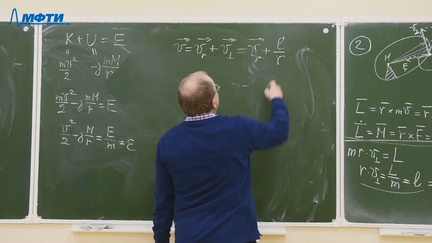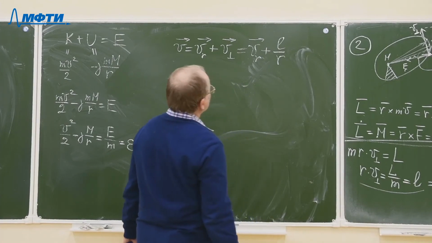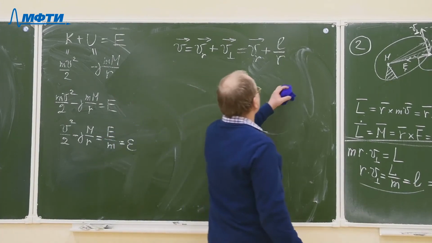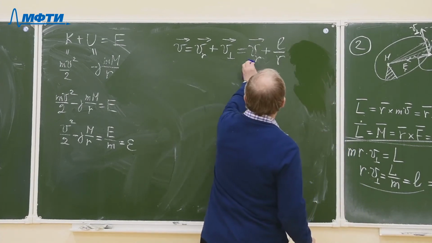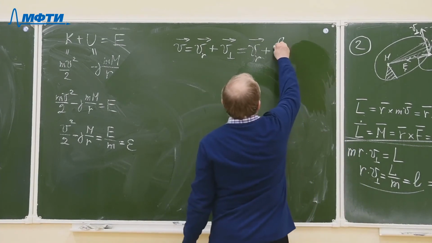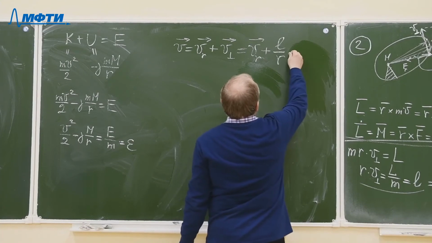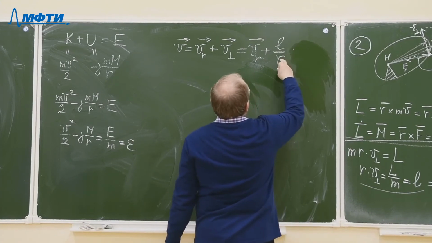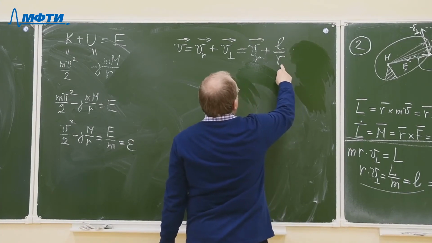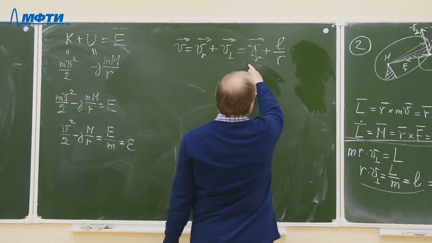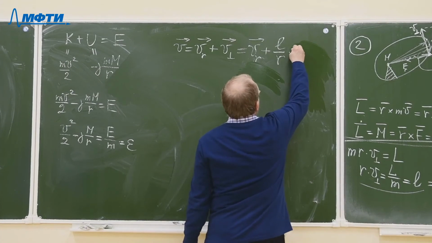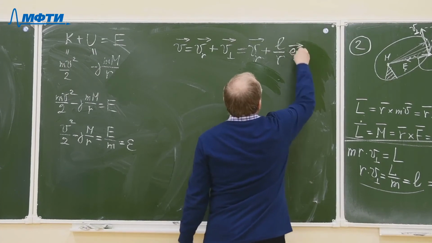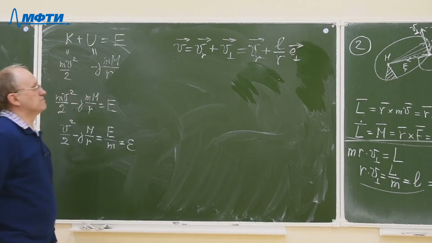This is a scalar quantity, so in order to be consistent in writing a vector quantity, I have to add some vector directed along the radius. As this is a perpendicular velocity, this is a unit vector perpendicular to the radius.